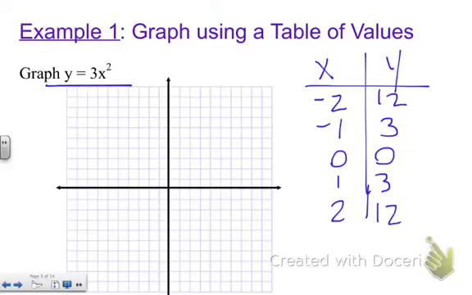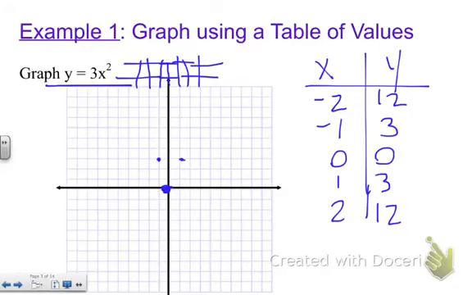So on here, I only go up to 10. So let's see, I get 0, 0. At 1, positive 3. Okay, at negative 1, positive 3. And then 1, 2, 3, 4, 5, 6, 7, 8, 9.